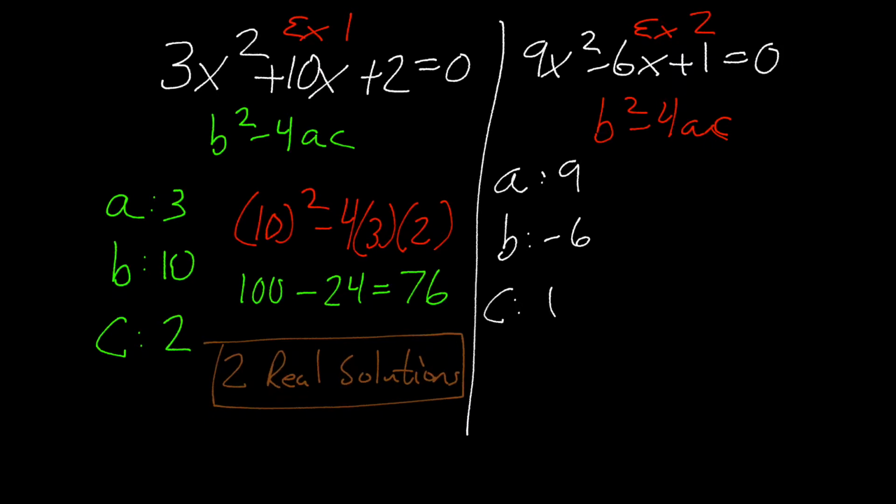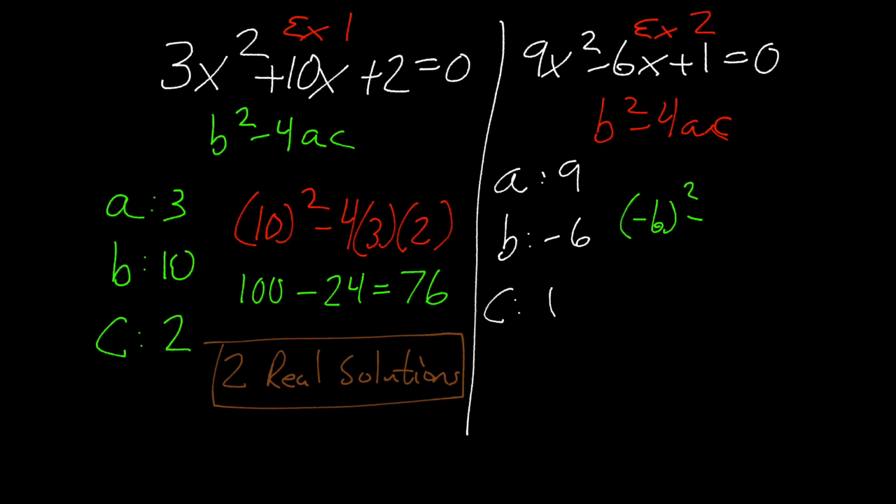So b squared, you're going to have parentheses, negative 6 squared, and it's very important that if you're typing that into your calculator, you put the parentheses in and the square on the outside. If you put it on the inside, you're going to get the wrong number. It's going to turn out to be negative, and it's going to change everything else. So make sure you put it into your calculator just like you saw me write it just now. Parenthesis, the number, end parentheses, then the square.